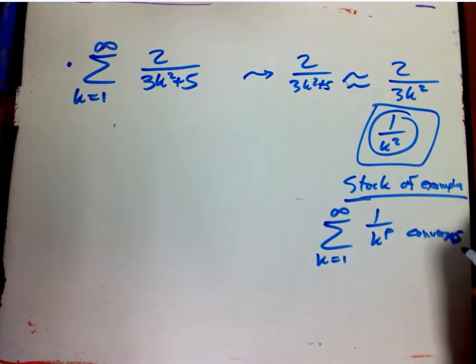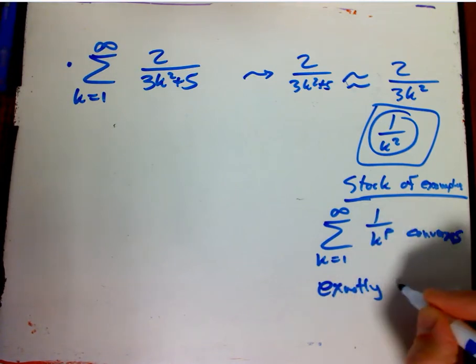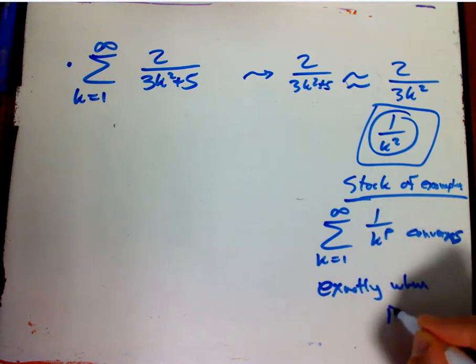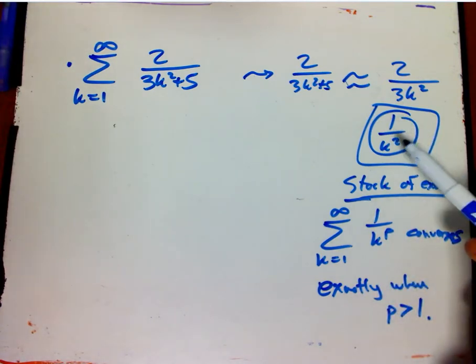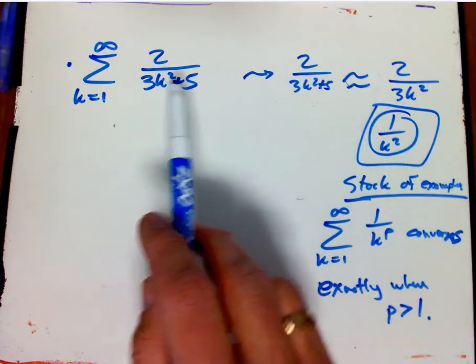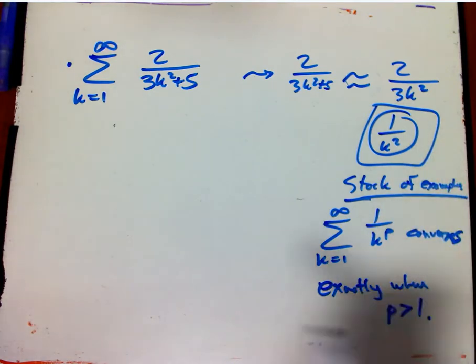There are other ways to do it. That's exactly when p is greater than 1, strictly greater than 1. So the sum of 1 over k squared is going to converge. So we're going to guess this is good, and we want to show this is better than this known good series. And so let's do that.